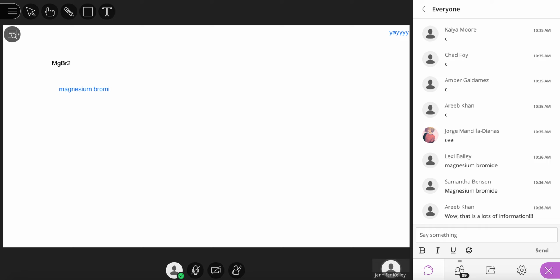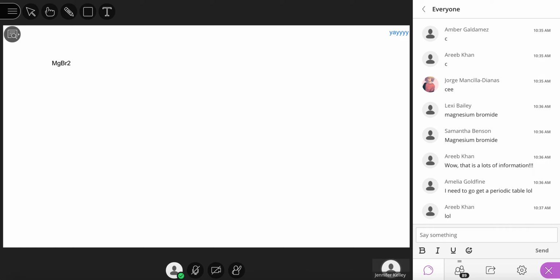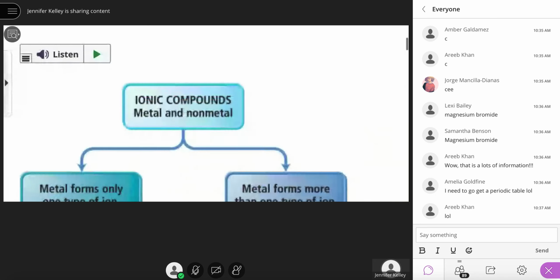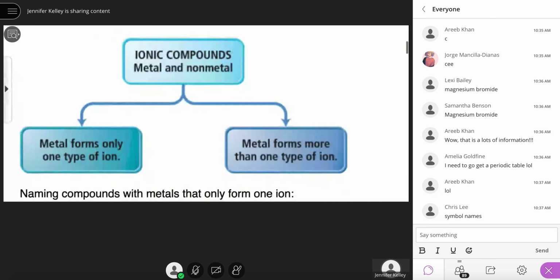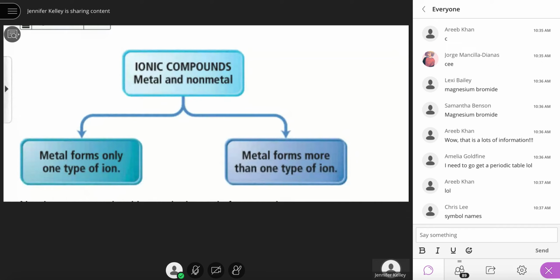It is a lot of information. Let me show you what I'll have on D2L for you so it won't be quite so intimidating. When I get it put into a PDF, you'll have the flow chart that he was showing before.